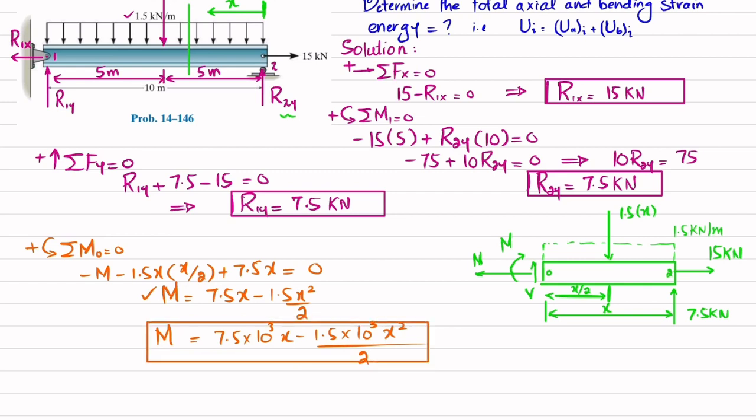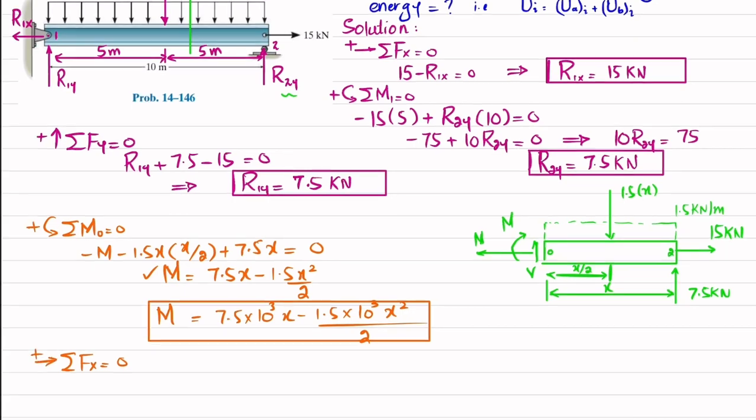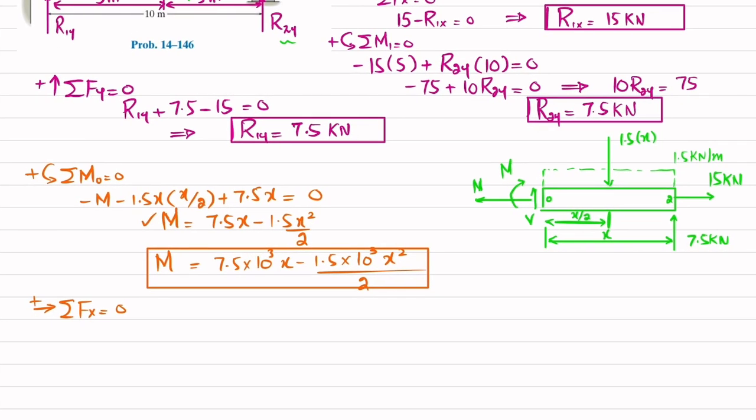The horizontal force can be obtained by using the equation of equilibrium, that the sum of all forces along x direction must be equal to 0, and force in this direction is taken as positive. So we will need only this N: minus N plus 15 is equal to 0. So from here N will be equal to 15 kilonewton. Now you can see you have a normal axial load as well as a moment.